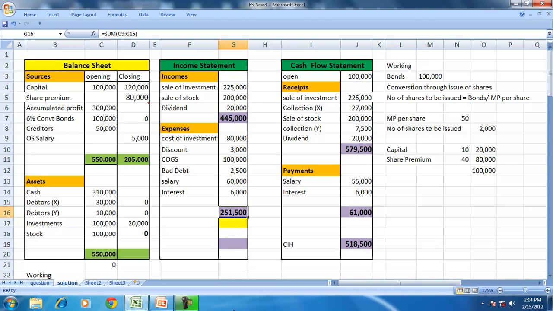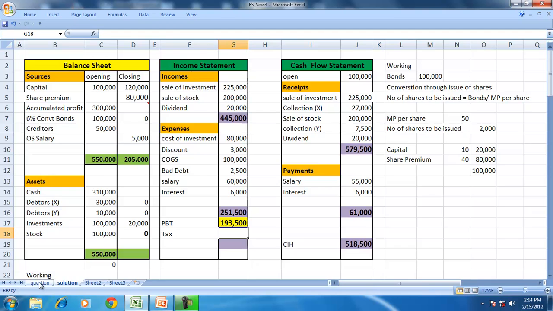Total expenses is 251,500. So profit before tax is 445 minus 251, so 193,000.